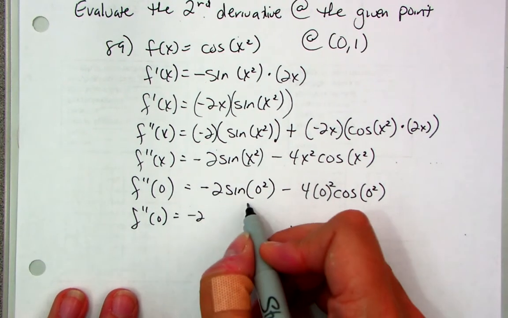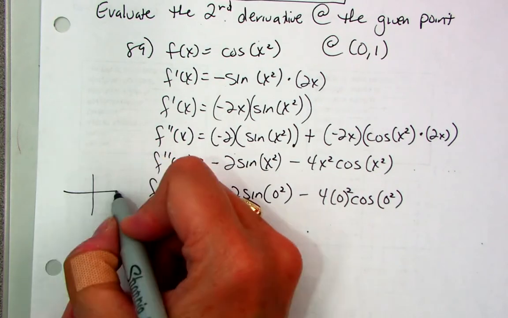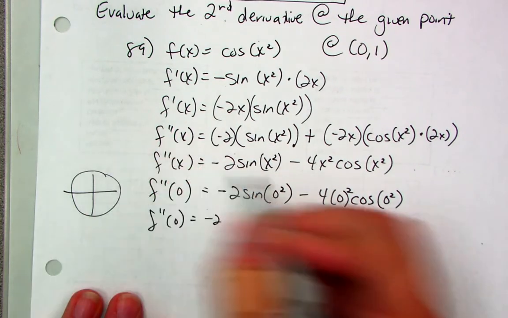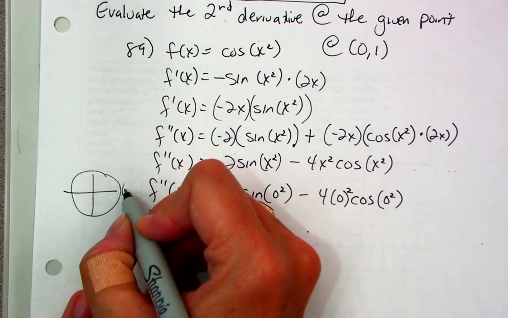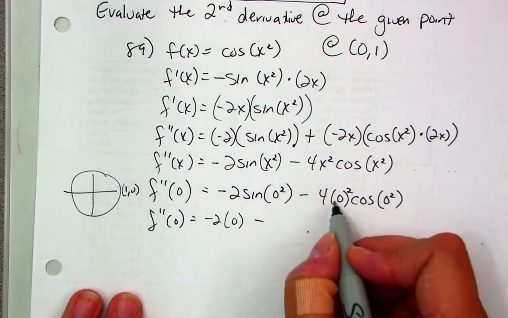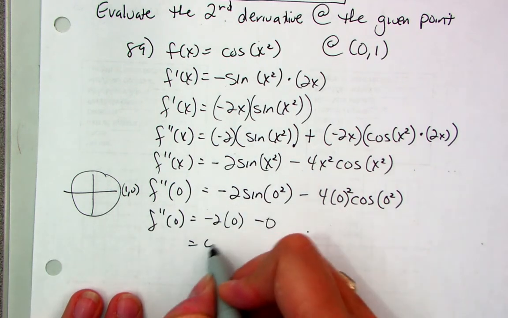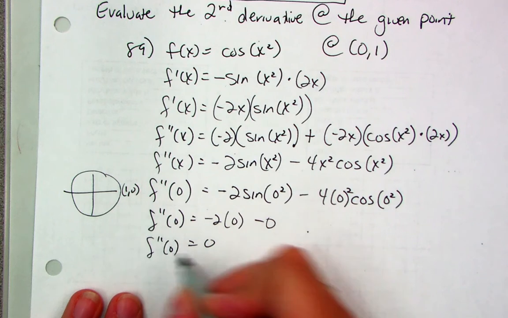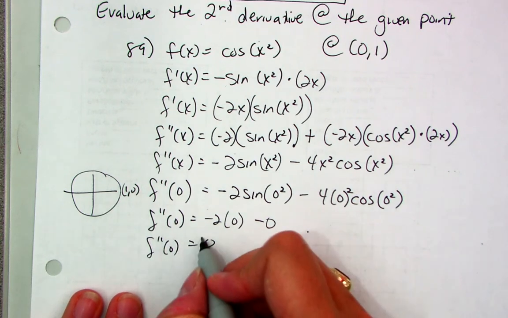Let's see, sine of 0. This is 0 radians. Sine of 0 is 0. And then 0 times anything is 0. So I just evaluated that.